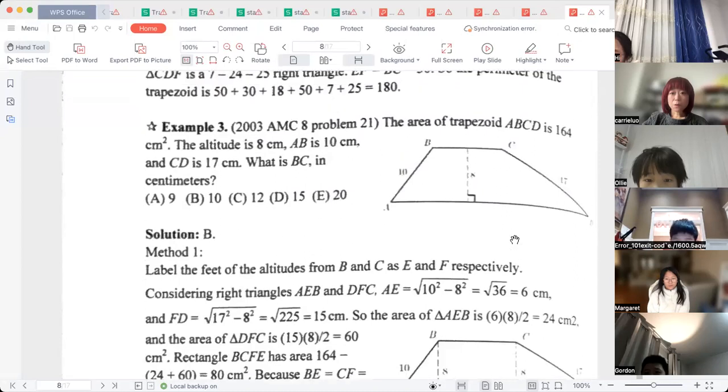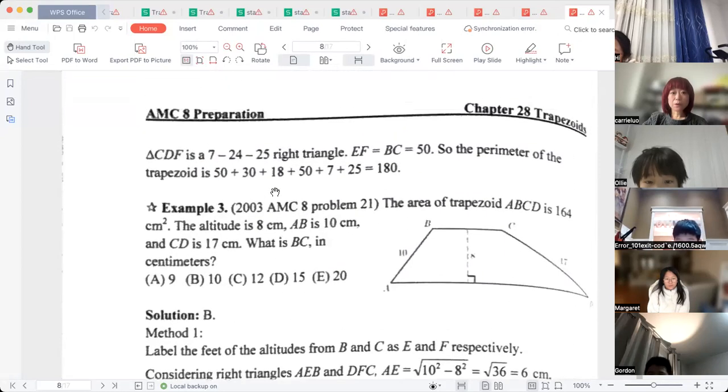Okay, so let's go back to this one. Number 3.